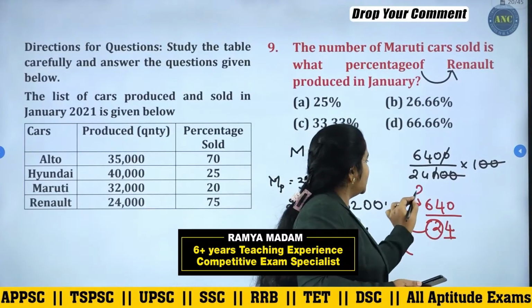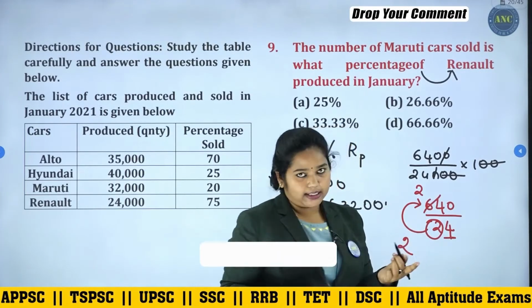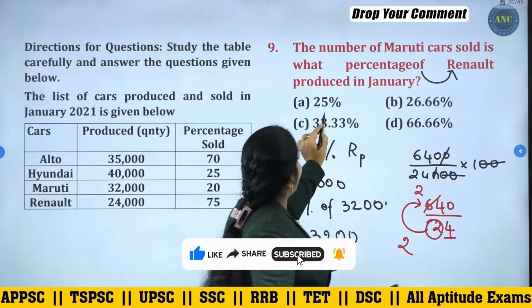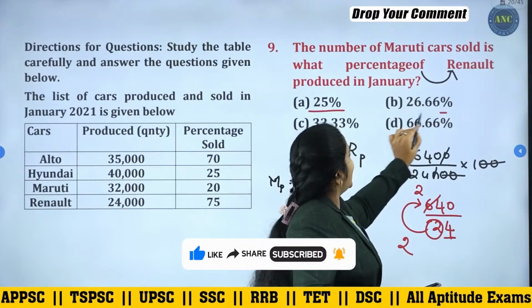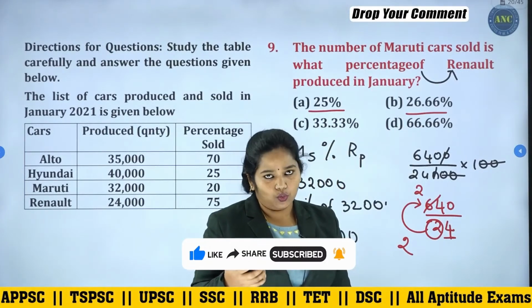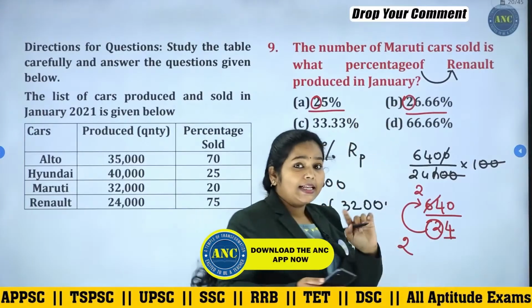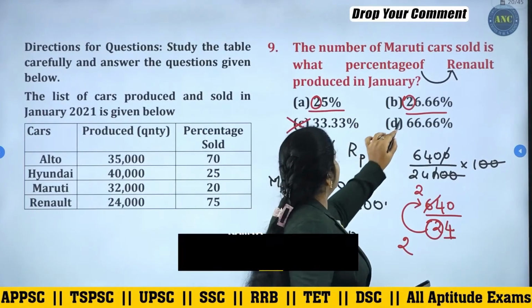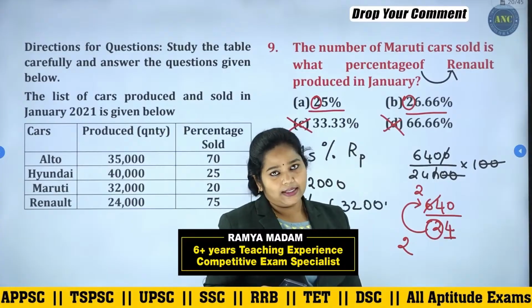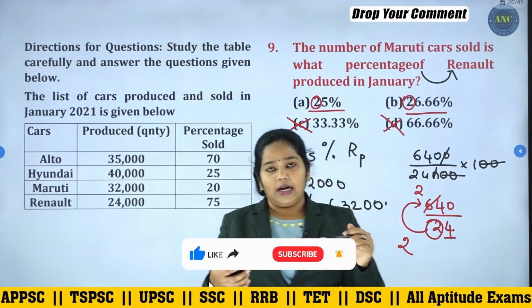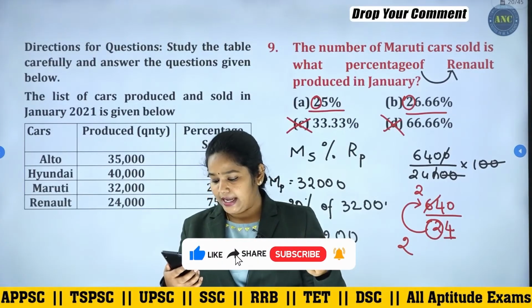24 2 times is how much? 48. Okay, go and check the options. In options, we have 2 options starting with 2. Here itself, we are eliminating option C and option D. So we have a 50% chance of getting it correct. Understanding how we are doing the elimination technique?